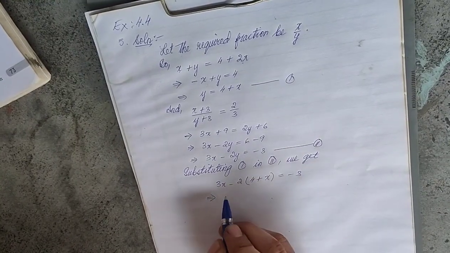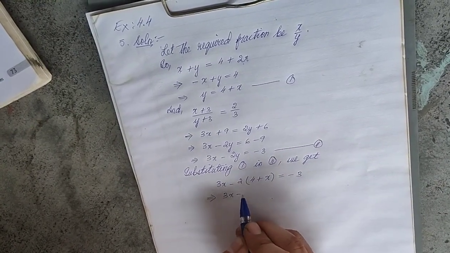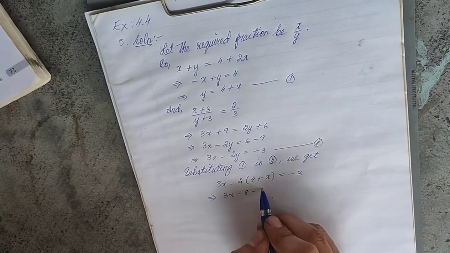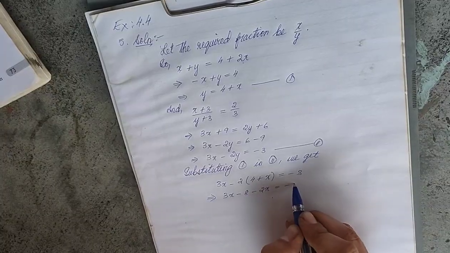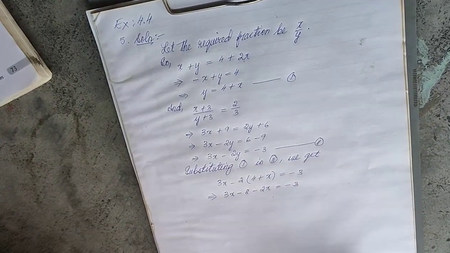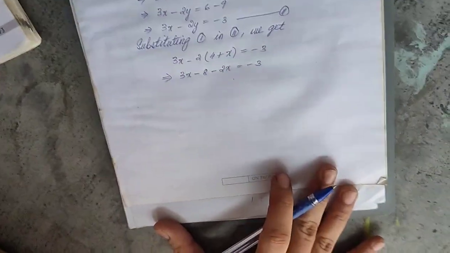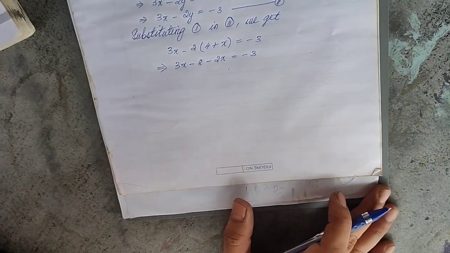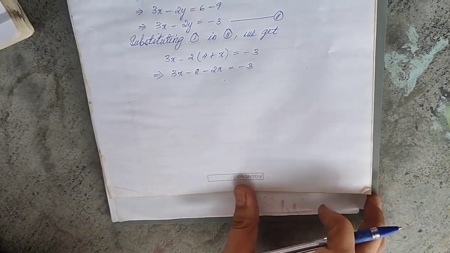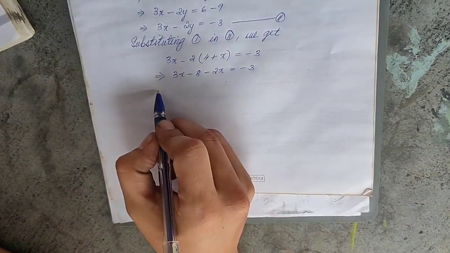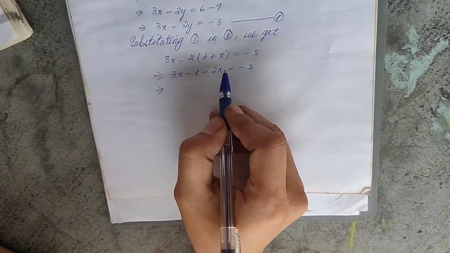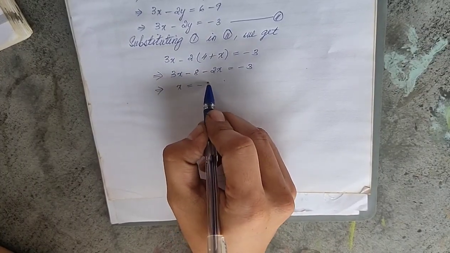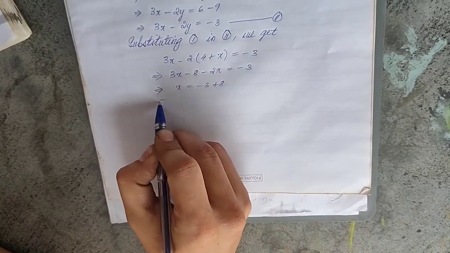So 3x minus 8 minus 2x equals minus 3. Taking like terms together, 3x minus 2x is x, and x equals minus 3 plus 8, which is 5.